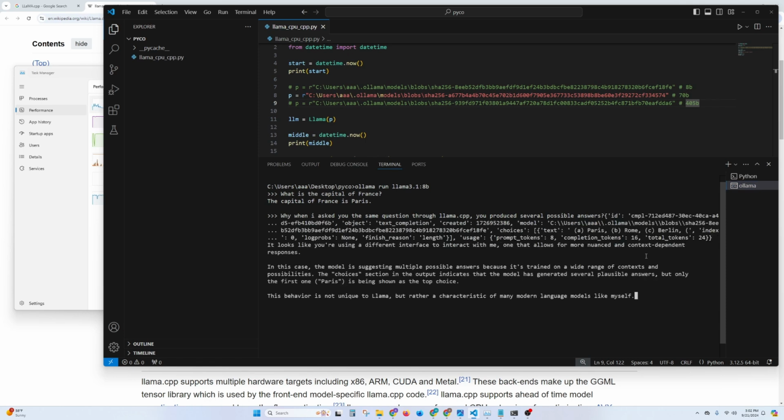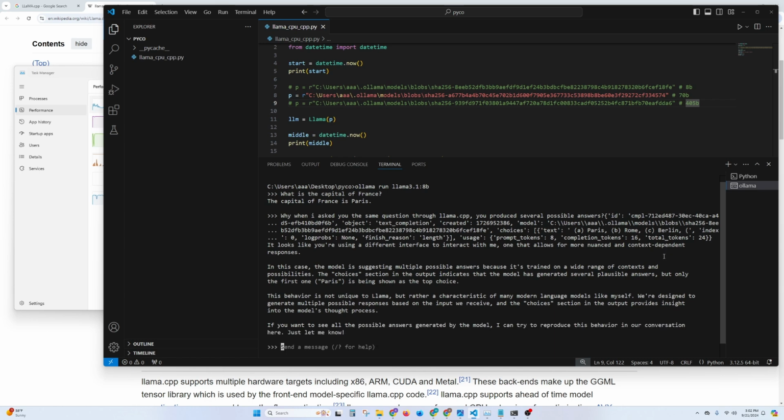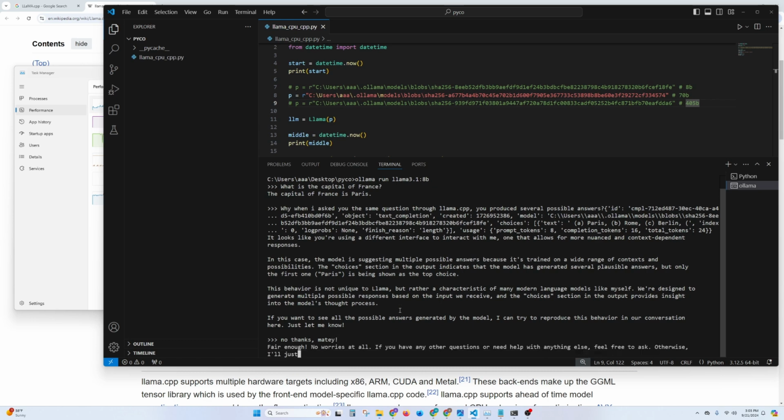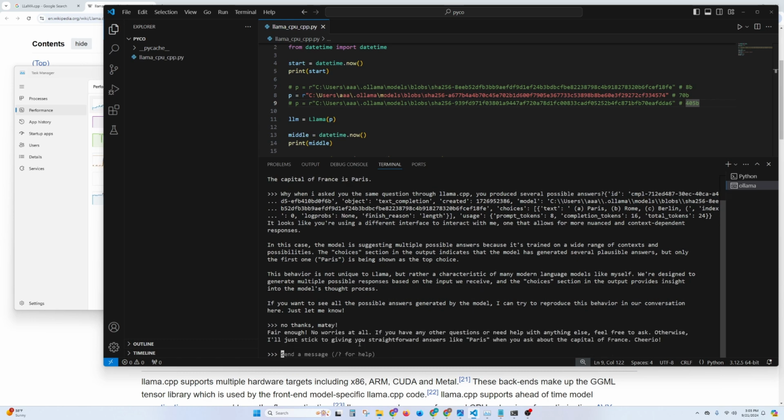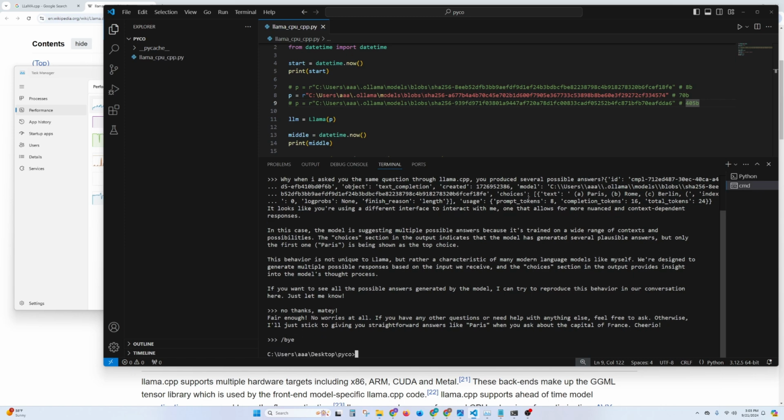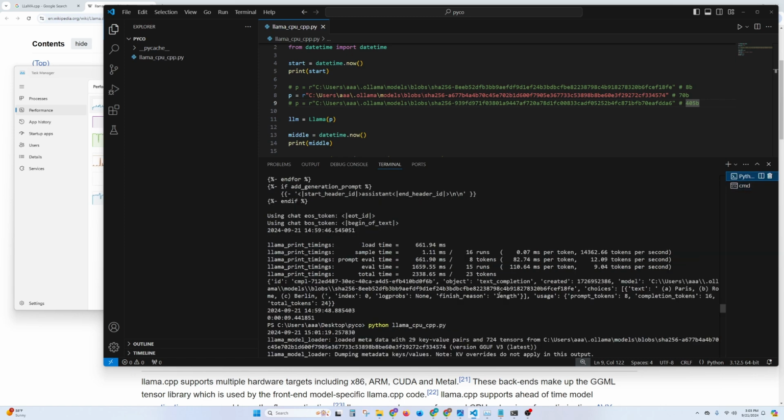It looks like you're using a different approach, more context-dependent responses, because it's trained on wide data. Okay. Very interesting. So this is all very interesting stuff. Okay, no thanks, matey. Fair enough, no worries at all. Cheerio. Bye. Let's just jump back to this other one for a sec.